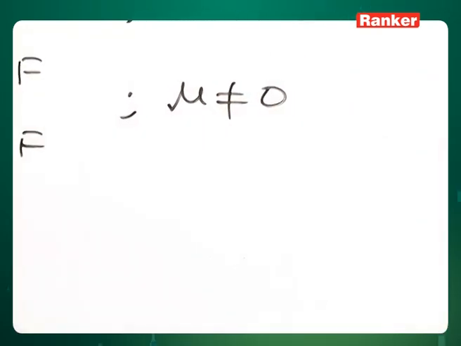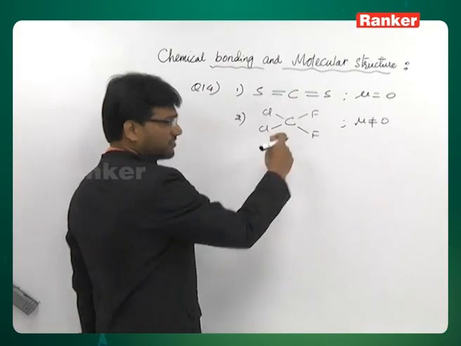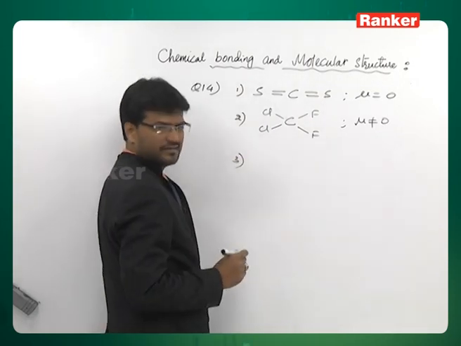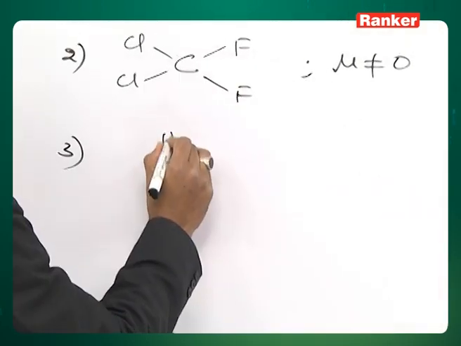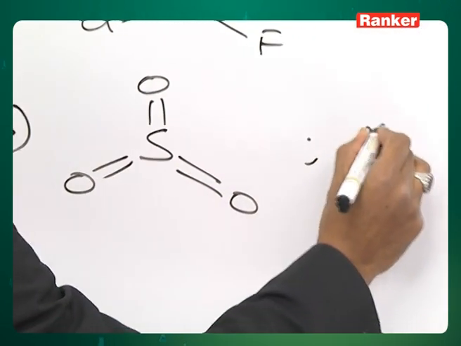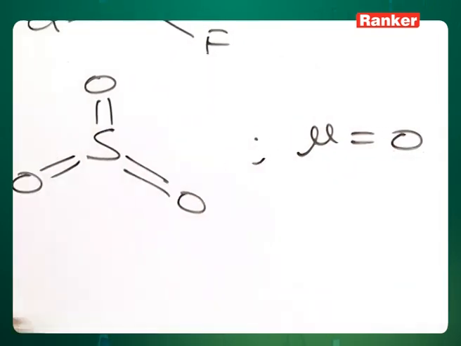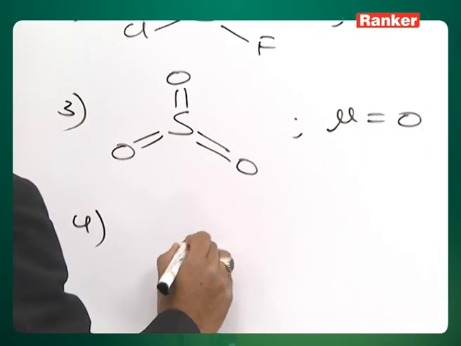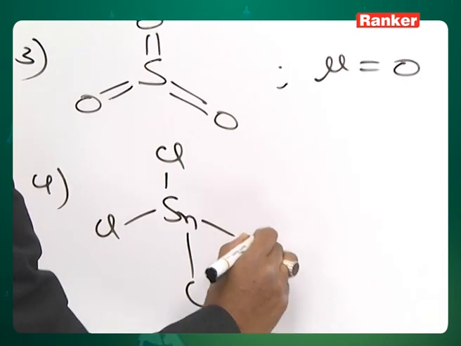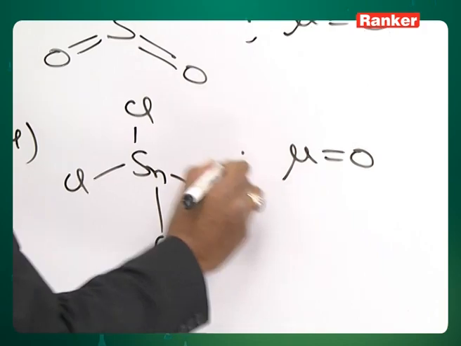This is a polar molecule because all the bonds are not identical. Number 3 is SO3. SO3 is a triangular molecule, so mu equals 0. Then the last one, SnCl4, it is tetrahedral, no lone pairs are present, so mu equals 0.